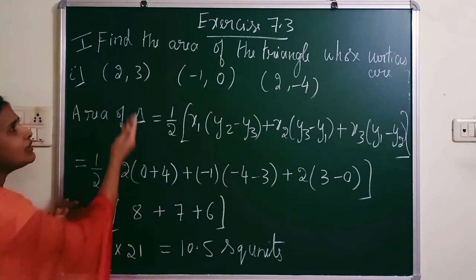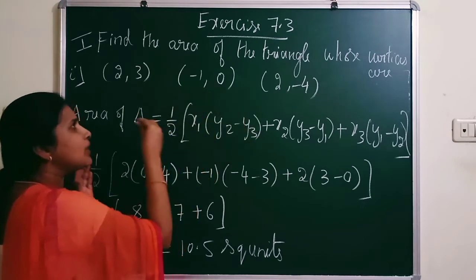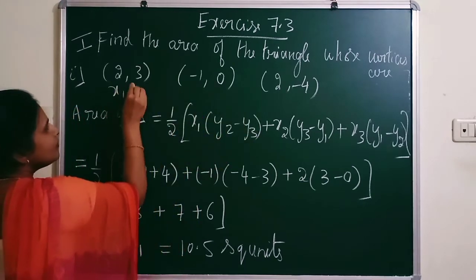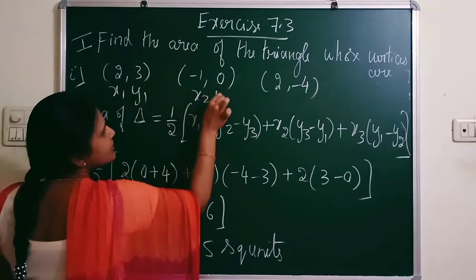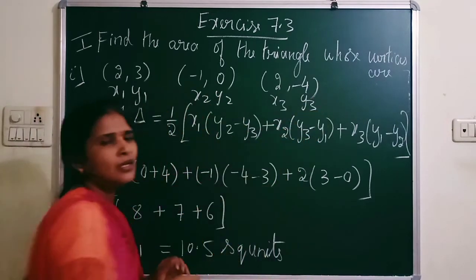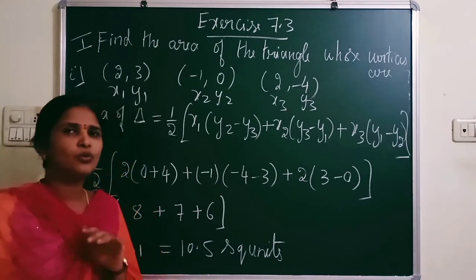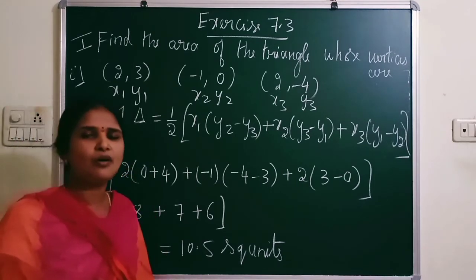So, what are these 3 vertices in Cartesian plane? Whenever they give in an order, the first one is always x1, y1. Second is x2, y2. And the third is x3, y3. Recall your formula, I told you a trick how to remember and how to write. Immediately you can start writing without seeing.